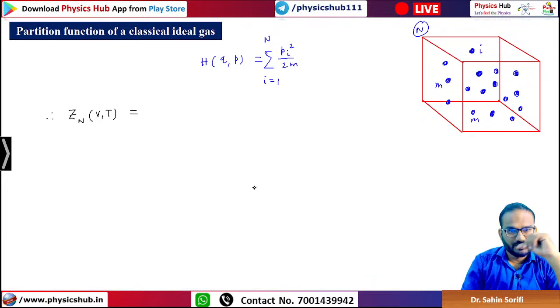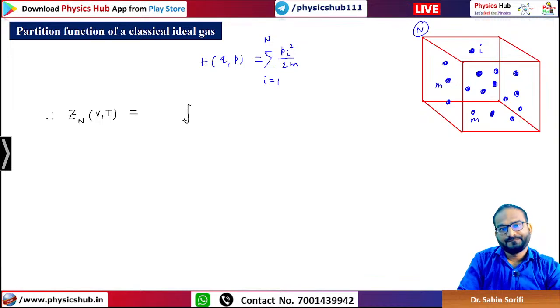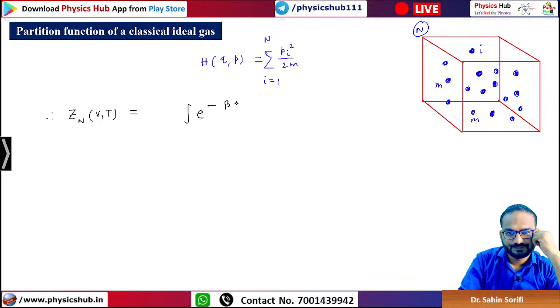Okay, integration e to the power minus beta E. So beta times this h, and I'm just writing the main formula, d omega, it's a phase volume, 1 by n factorial h to the power n.